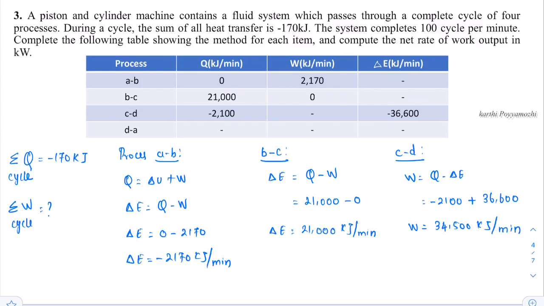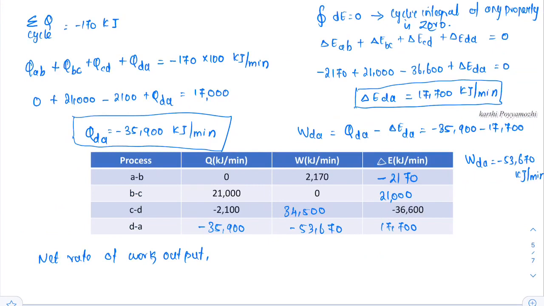We have to find the summation of W cycle, summing up all the values of work done, which is 2,170 plus 0 plus 34,500 minus 53,670, equal to minus 17,000 kilojoule per minute.